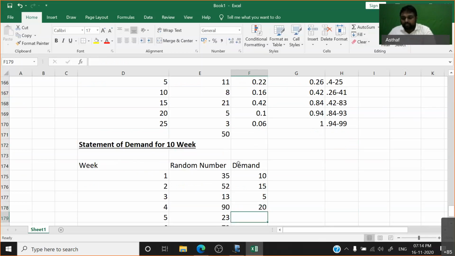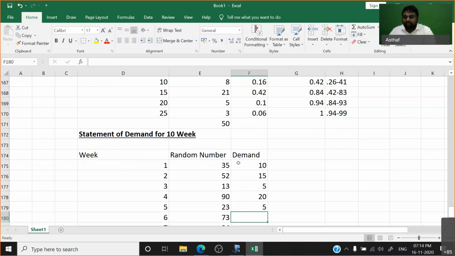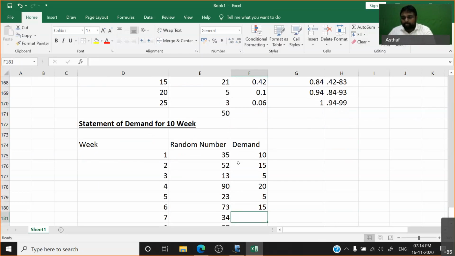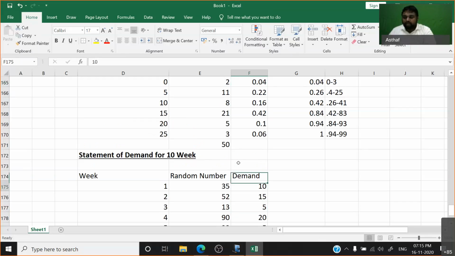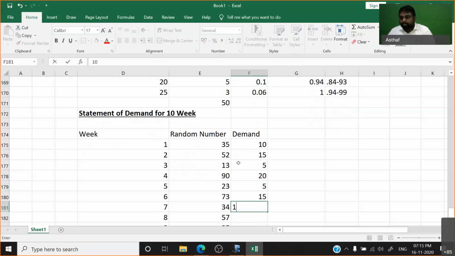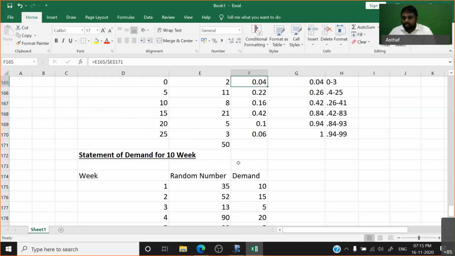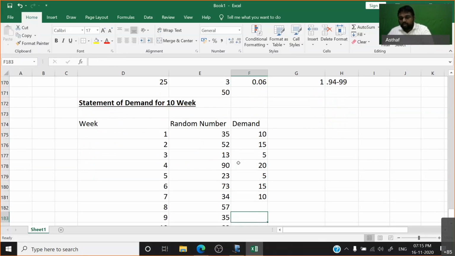Next, 73 is coming for what? 50. 34, what will come? 34 will come 10. Then 57 will come 50.